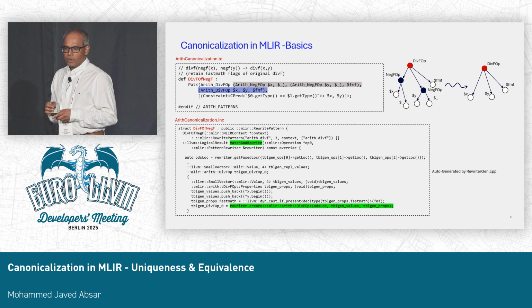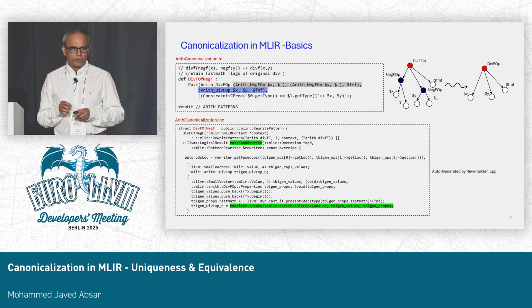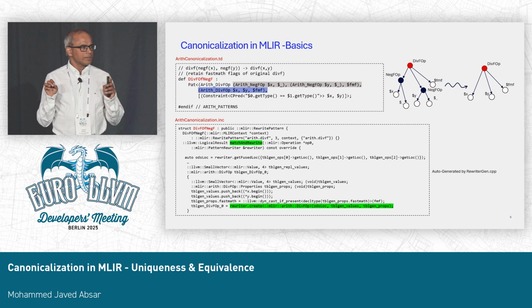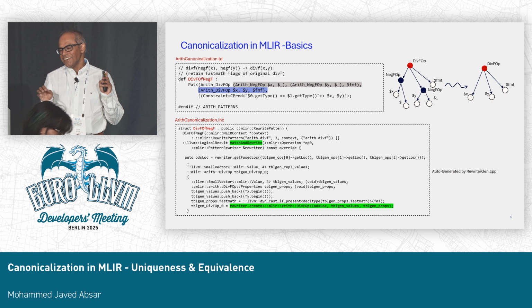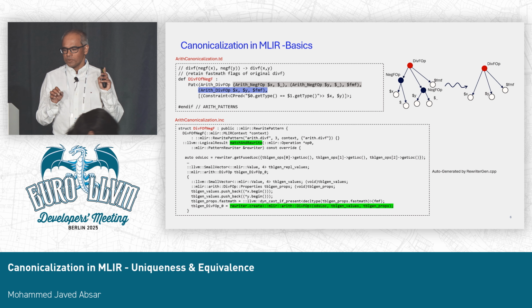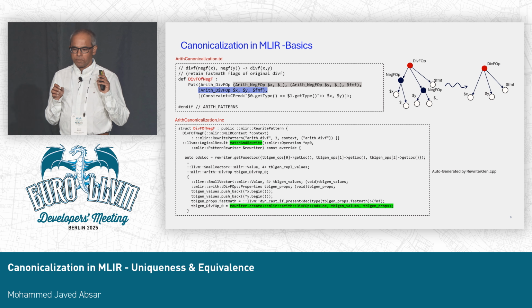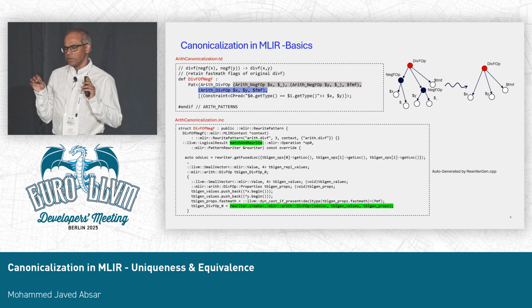There is another way, which is using DAG pattern matching. Suppose you have minus x divided by minus y. We know from basic arithmetic that's the same as x divided by y. And so you can rewrite this as a DAG pattern, where the code in gray is the pattern you're matching, and the one in blue is the rewrite.